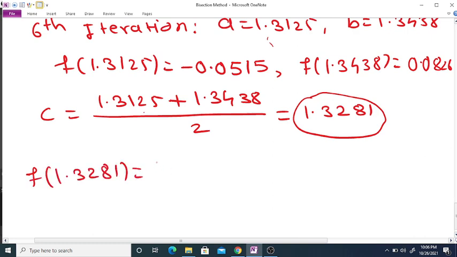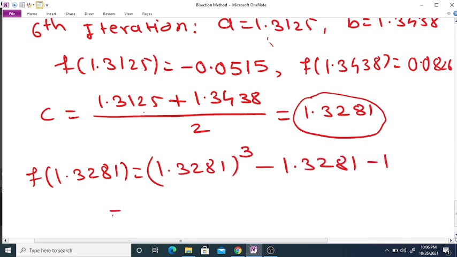f of 1.3281 is equal to 1.3281 raised to 3 minus 1.3281 minus 1. So it is equal to 0.0146, which is greater than 0.